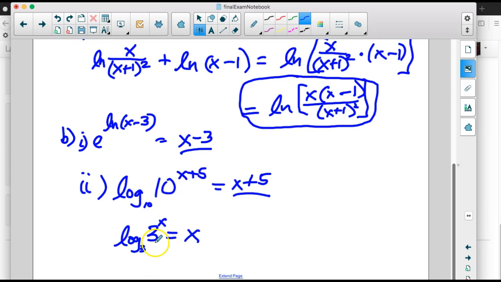Any bases that are the same are inverses. We could also write it as 3 to the log base 3 of x. They're the inverses of one another. We have an exponential function and a logarithmic function. That's going to also be x. So that's how we undo each other on inverse functions with logarithms and exponential functions.